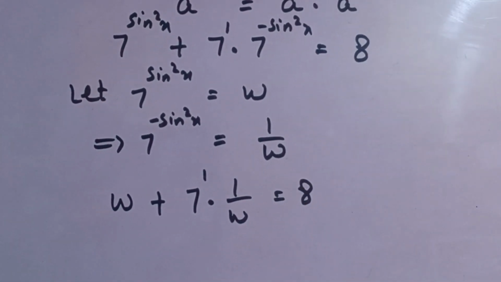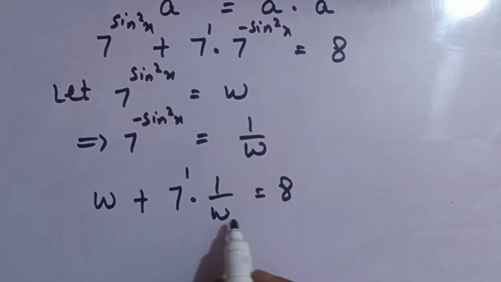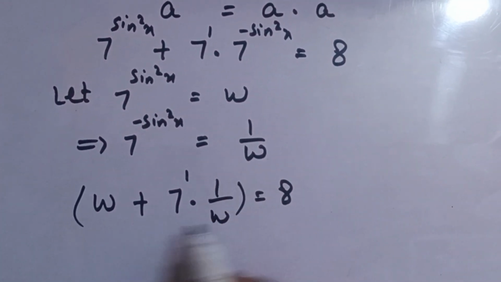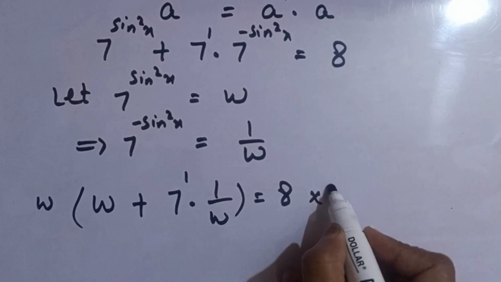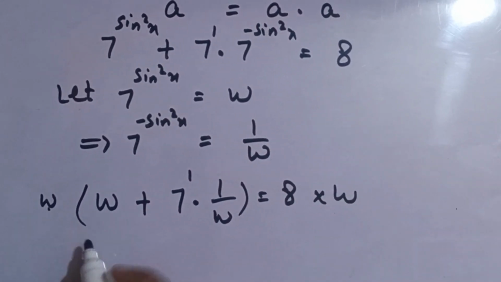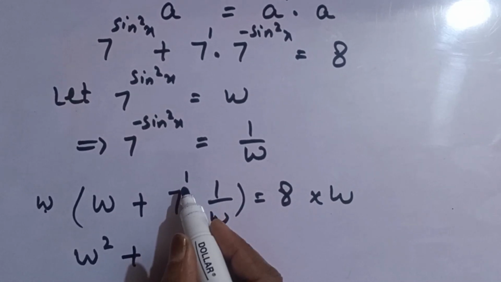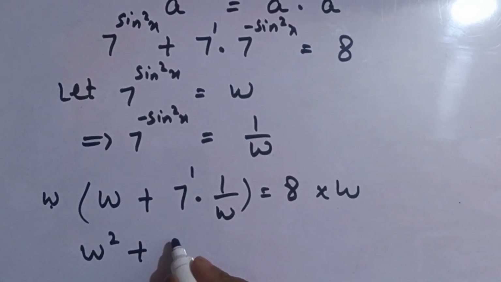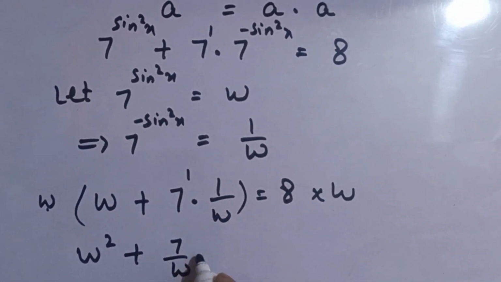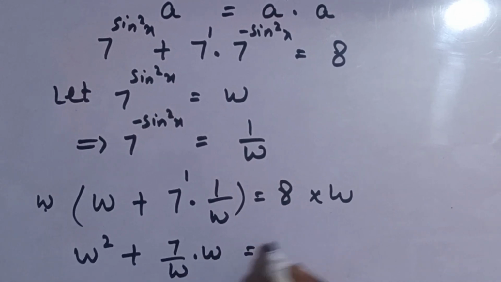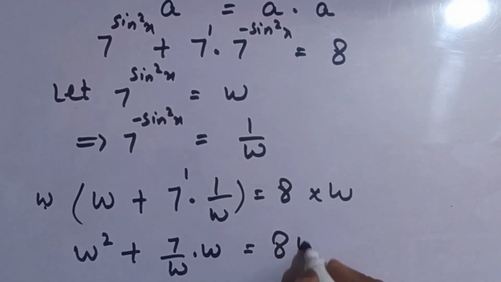Now in the next step, multiply this equation by w on both sides. So w times w will become w square, plus 7 raised to the power 1 is just 7. We write this as 7 over w, multiply this by w, it is equal to 8 times w.